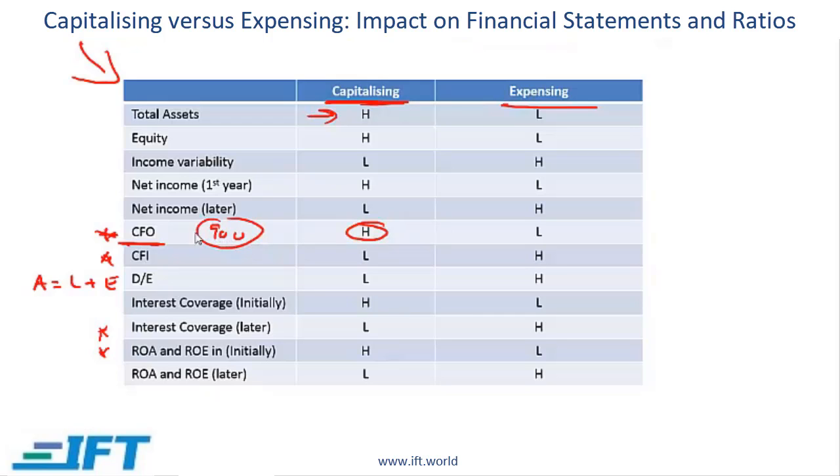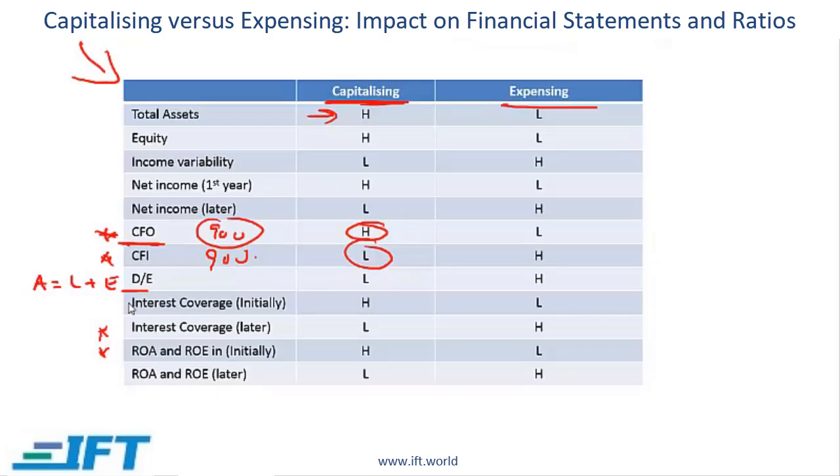So the cash flow from operations will be higher for the capitalizing firm, and using the same logic, the cash flow from investing would be lower for the capitalizing firm, because this 900 is going in the CFI, cash flow from investing bucket, and reducing the CFI because it is money out.